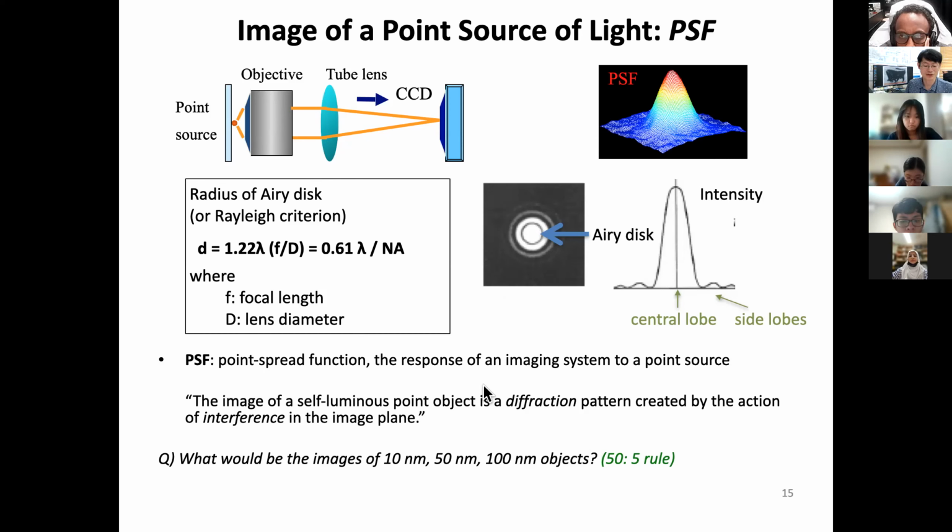You can just say what you think. Excuse me, I can't hear you. I don't know. Okay, Suhyun. You have a PSF of size 300 nanometer. With that system, what will be your image for this tiny object?